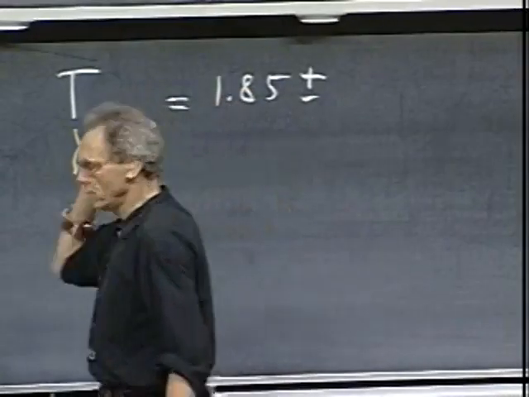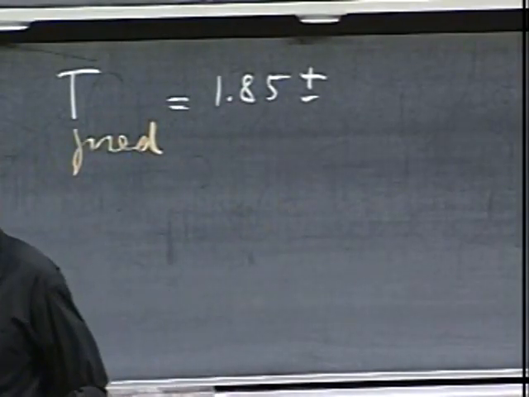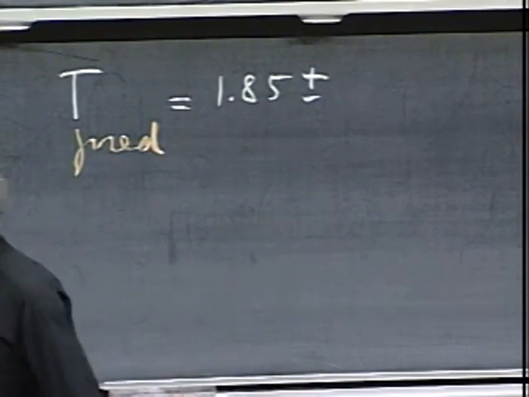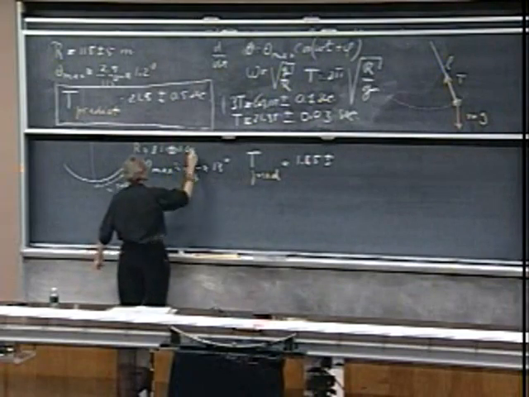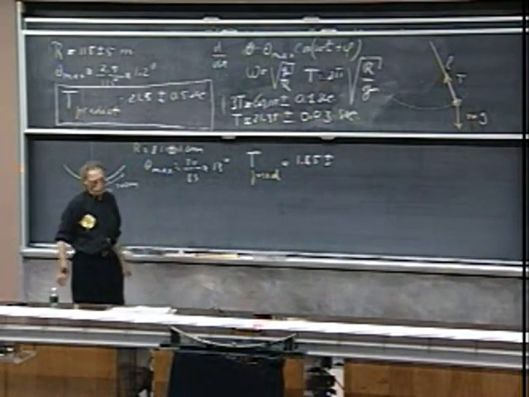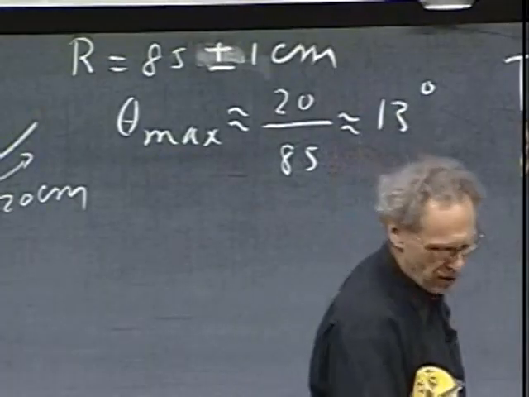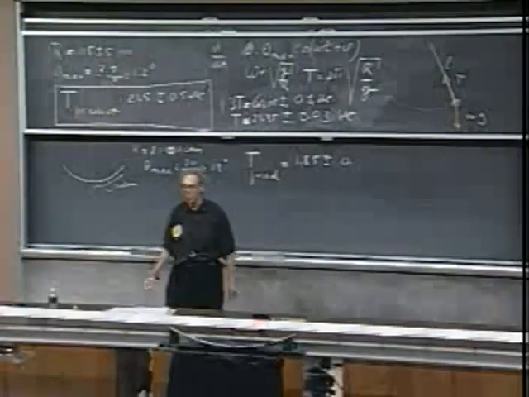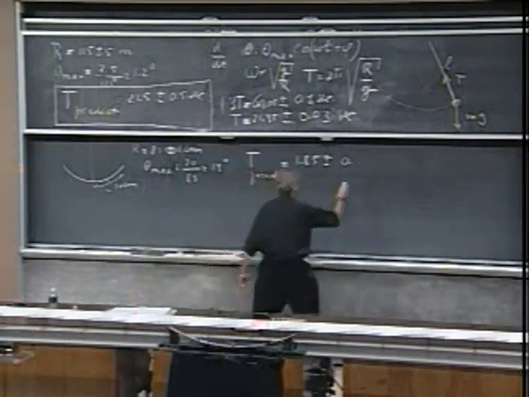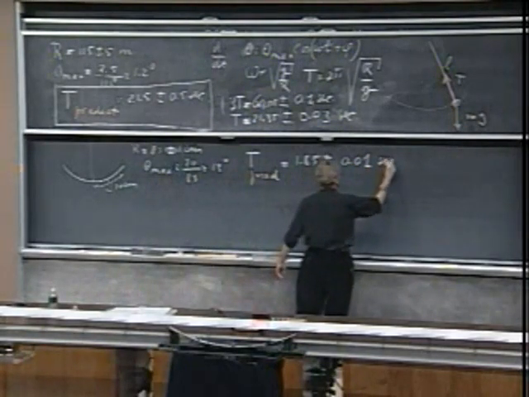The uncertainty of this radius is, of course, not very large, but we are not certain about the radius to about 1 centimeter. So it's 85 plus or minus 1 centimeters. That's about a 1.2% error, and so the error in the prediction will be 0.6%. It's about 0.01 seconds. So this is my prediction.